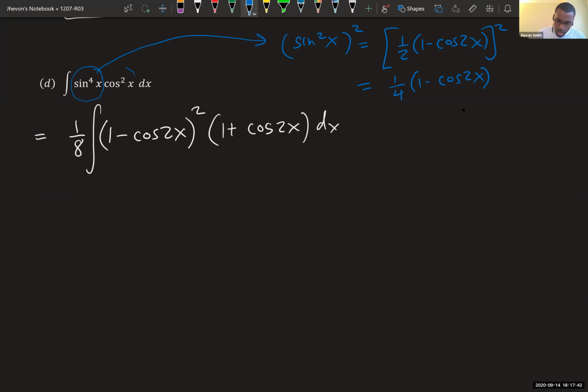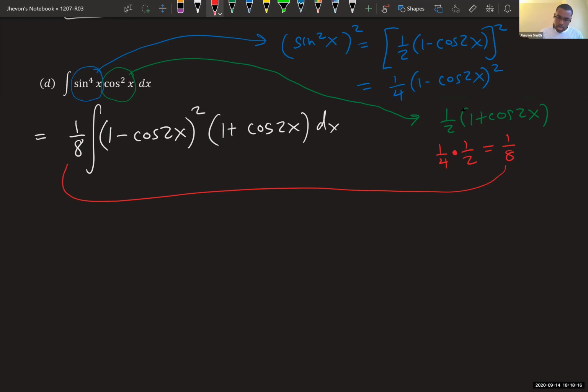And then for the cosine, that's just 1/2 times 1 plus cosine 2x. And then the 1/4 times the 1/2 gives us the 1/8, which is what's right here.